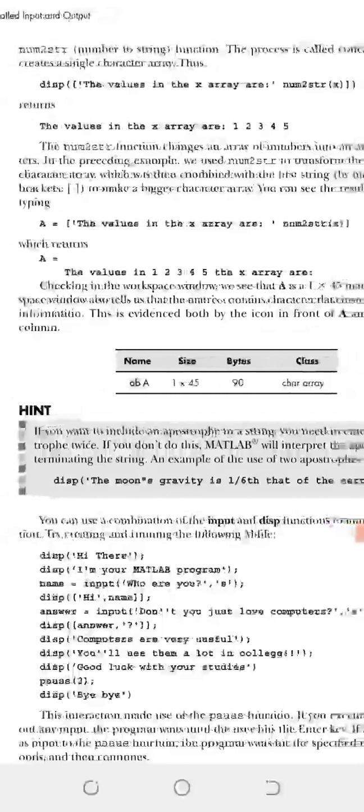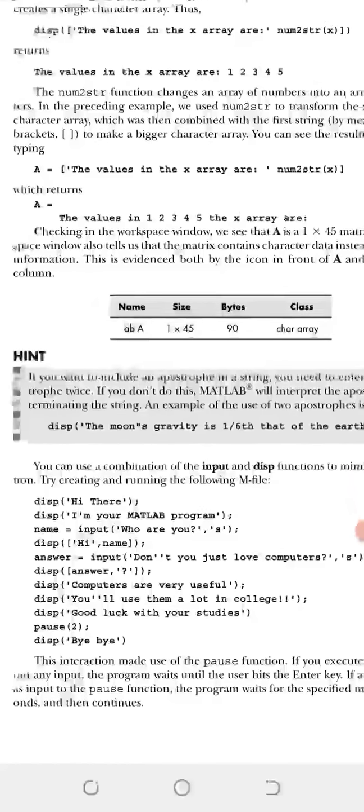So if you write display number to string X, what do you think the system will return? The system will return 1, 2, 3, 4, 5 because the system has converted the numbers to string. So you can convert any number to string.